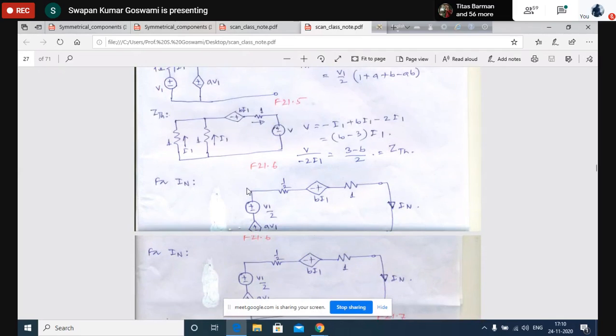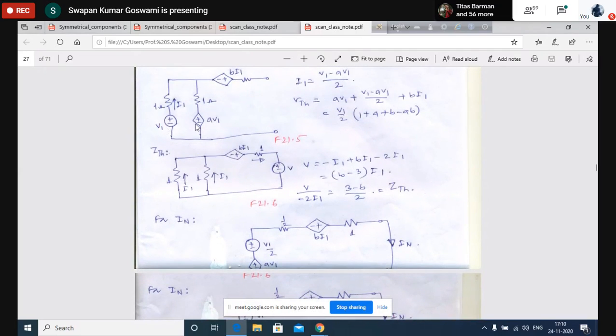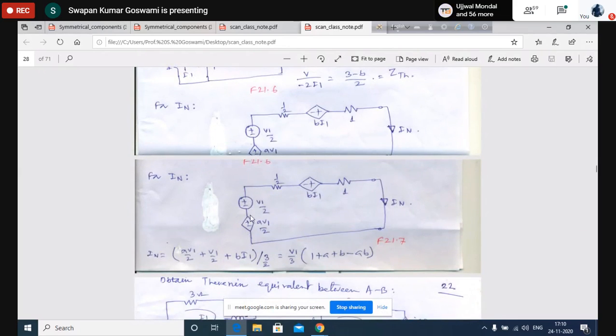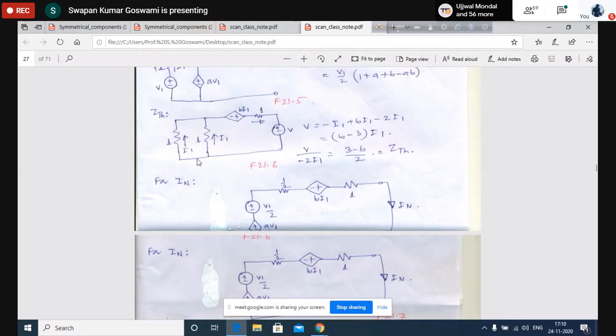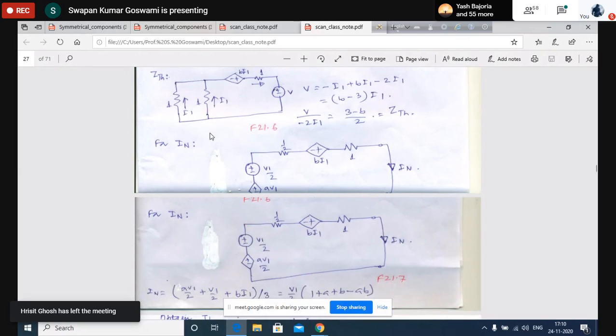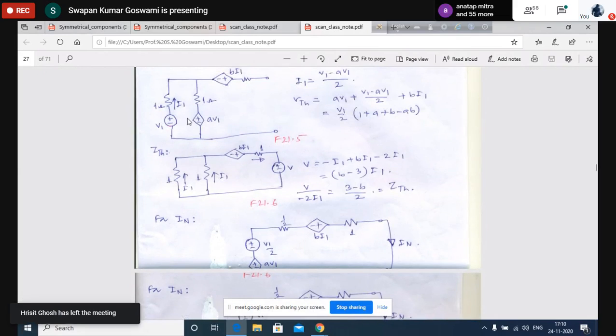This circuit was previously like this. This was a voltage source, this is a dependent voltage source, and this is a dependent voltage source. Now this has been written in this form, that means some equivalencing has been done here. Do you see whether it is clear or not?